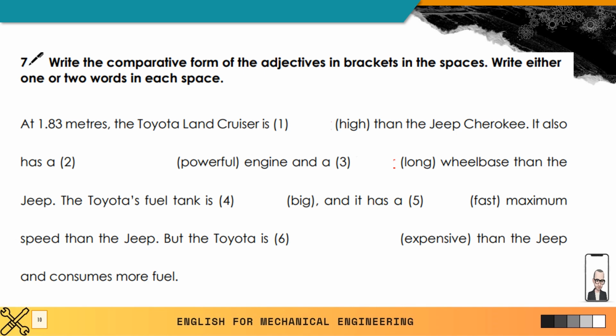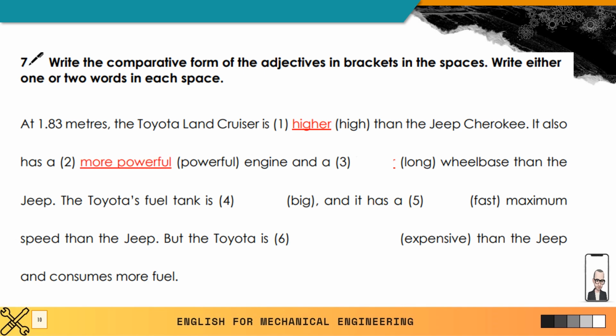Write the comparative form of the adjectives in brackets in the spaces. Write either one or two words in each space. So at 1.83 meters, the Toyota Land Cruiser is something high, so the correct form of the adjective high, then the Jeep Cherokee. So here we got then the Jeep Cherokee, so we will know we need to use a comparative form, higher than the Jeep Cherokee.